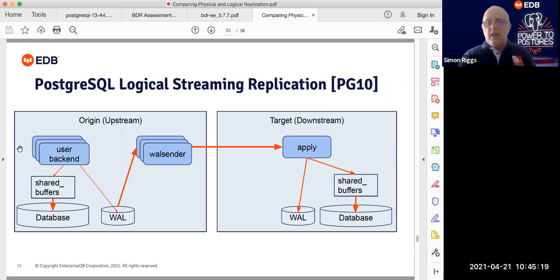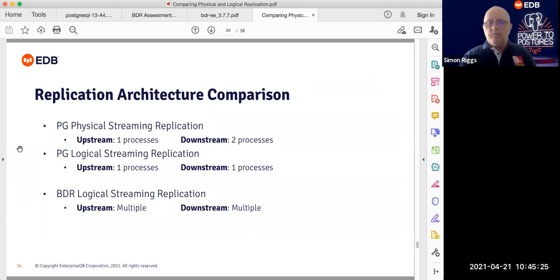And so one of the things that we need to look at is, does this system work in parallel? If we look at the number of processes involved in both, you'll see that physical streaming replication uses one process upstream and two downstream, and logical streaming uses one process upstream and one process downstream.